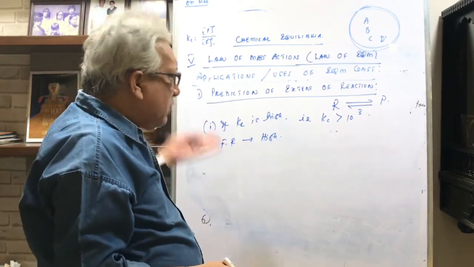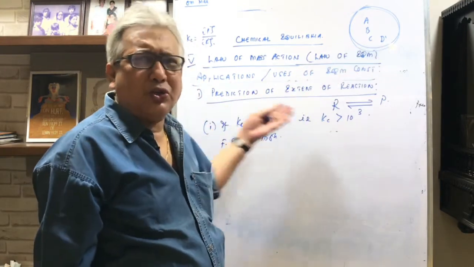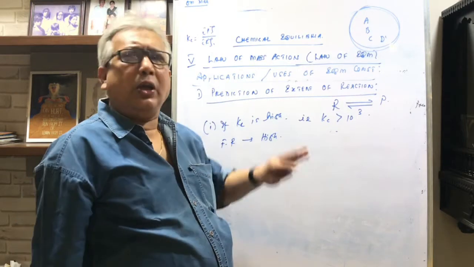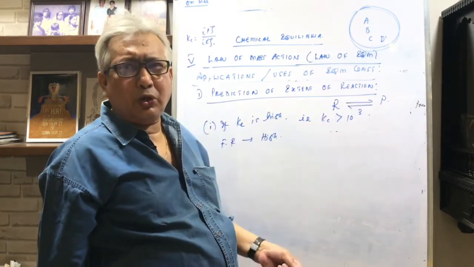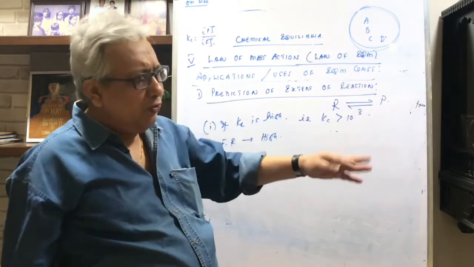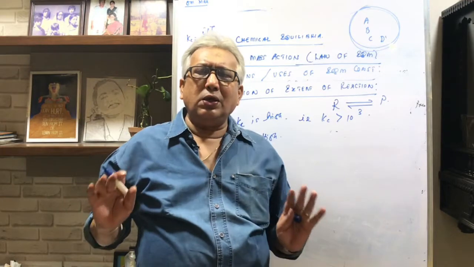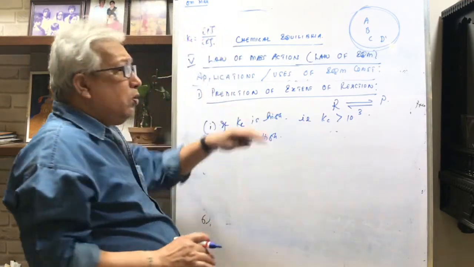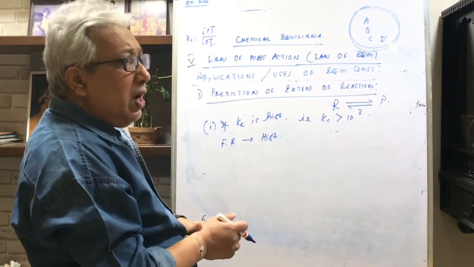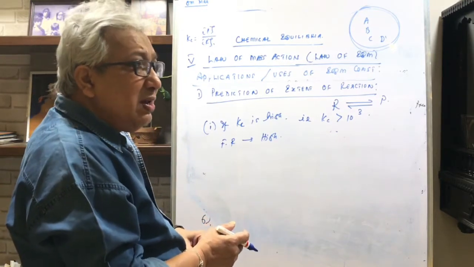And in such a reaction, the reaction will go to a large extent to the completion. It will not complete, but will go to a very, very large extent to completion.